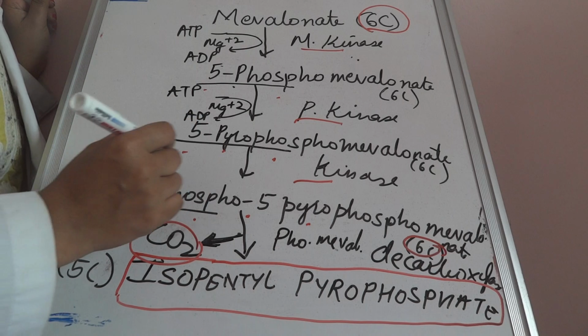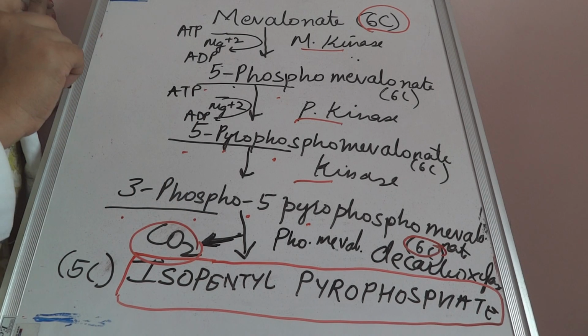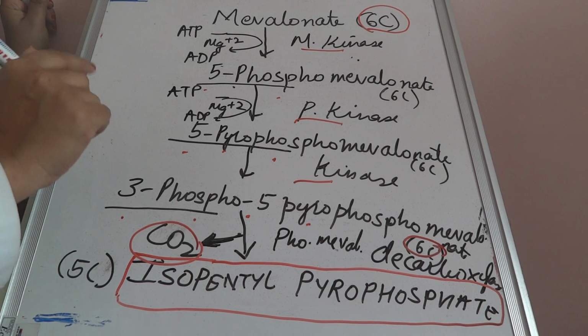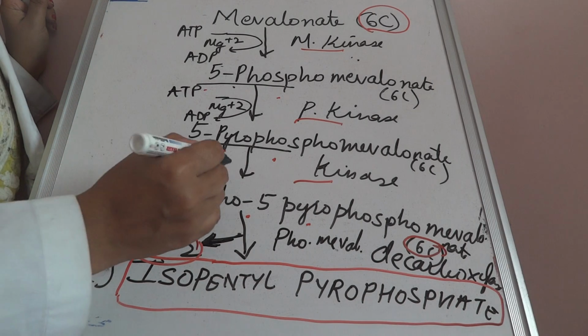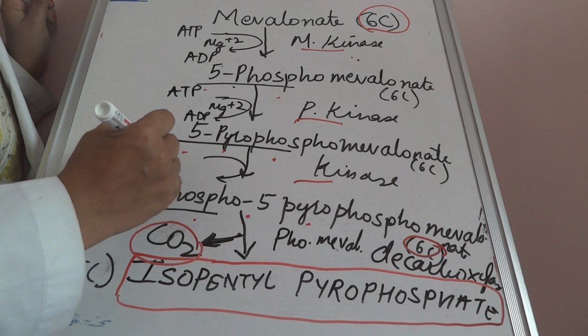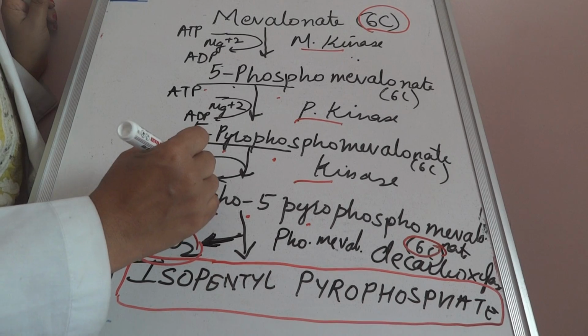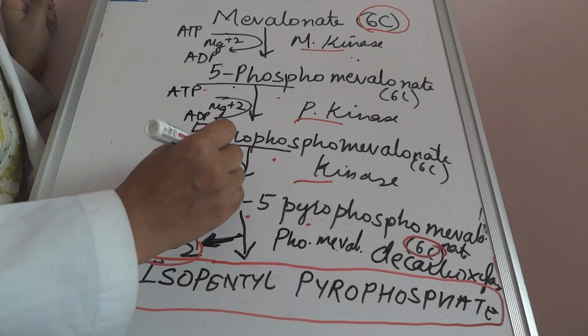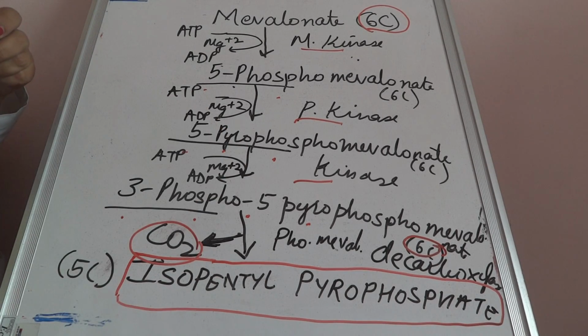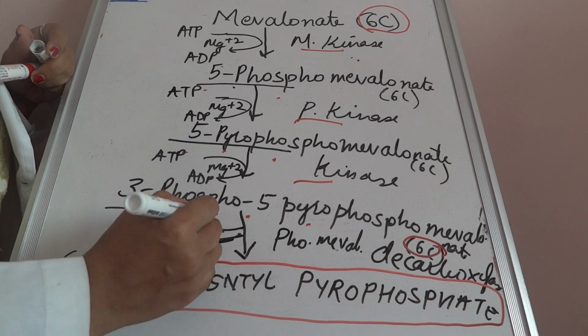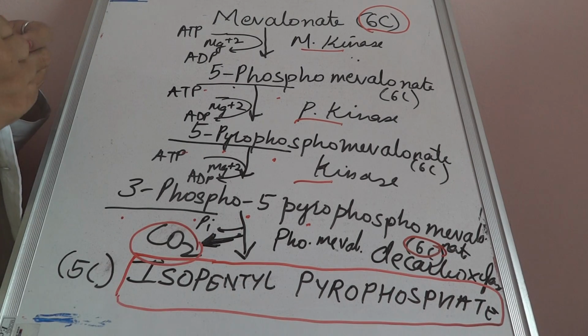It is the same as the reaction for hexokinase and glucokinase in the glycolysis cycle. There also ATP was converted to ADP, and similarly magnesium was used up. So now we have done the second step for cholesterol formation, that is formation of isopentyl pyrophosphate.